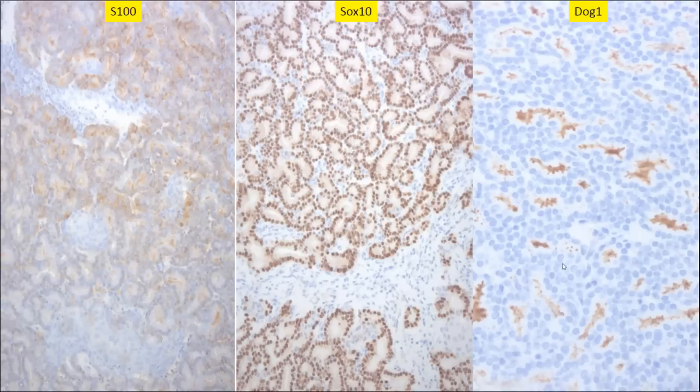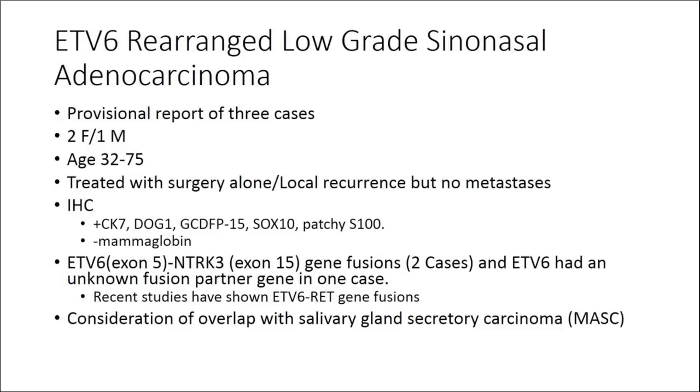And so, interestingly, we began to think that maybe this was one of these types of ETV6 rearranged tumors. So these ETV6 rearranged low-grade sinonasal adenocarcinomas are very rare at this point in time. I think now they're up to maybe 5 reported cases. The original report was on 3 cases. They can be seen at any age.